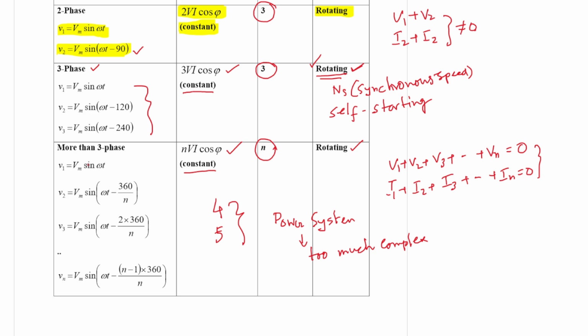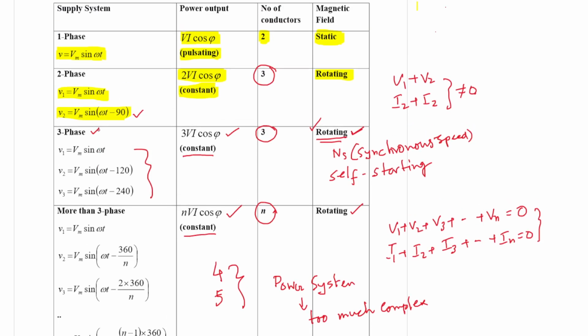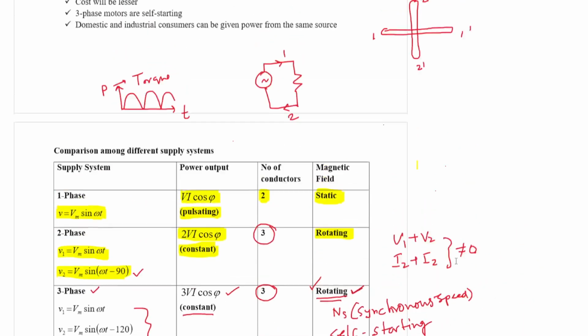The manufacturing process of the power apparatus is extremely difficult, an extremely large power system is not possible to achieve. So due to this reason, we do not go for higher phases, we always stick to the 3-phase system. We always use the 3-phase system as our standard. So this is the reason why the 3-phase system is advantageous over other systems.